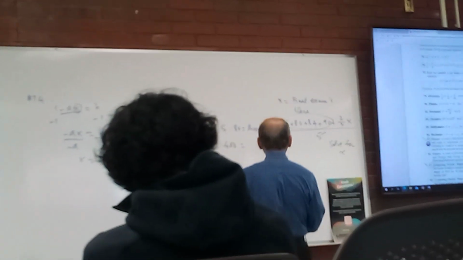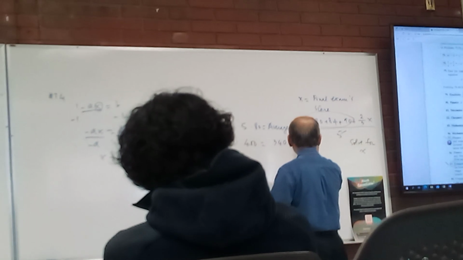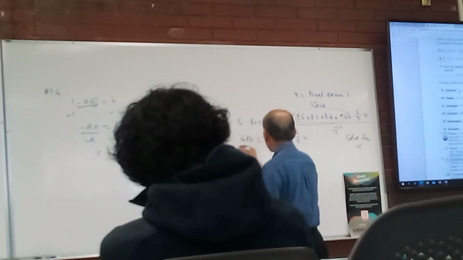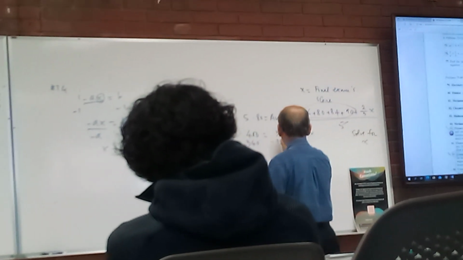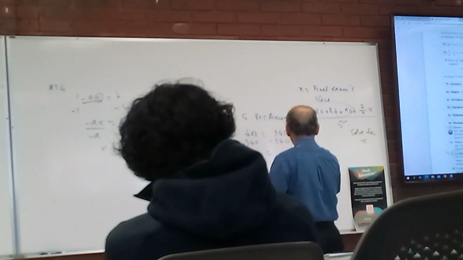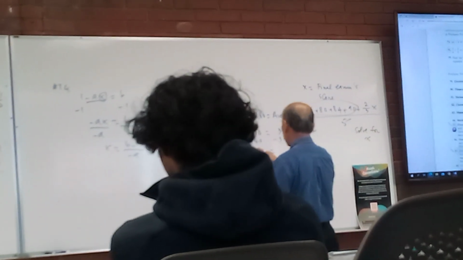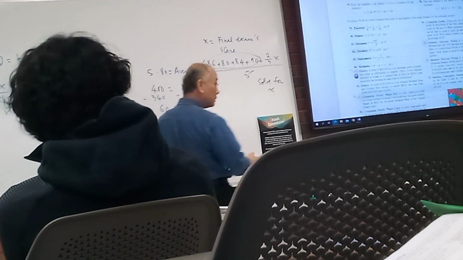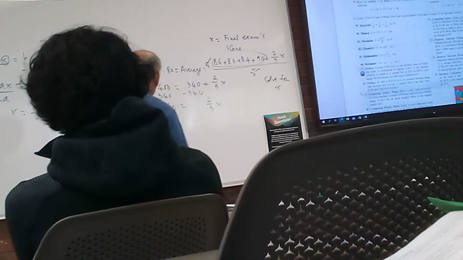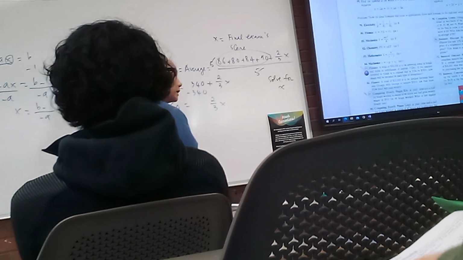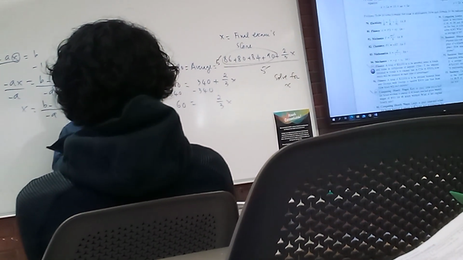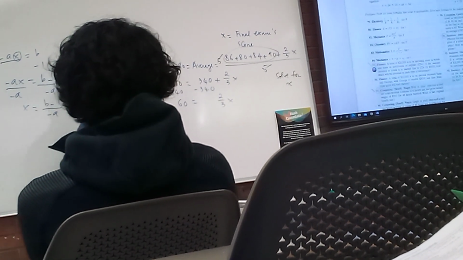340. There you go, plus 2/3 x, and subtract 340. 2/3 x will be 60. And now you can either divide by 2/3 or multiply both sides by the reciprocal.